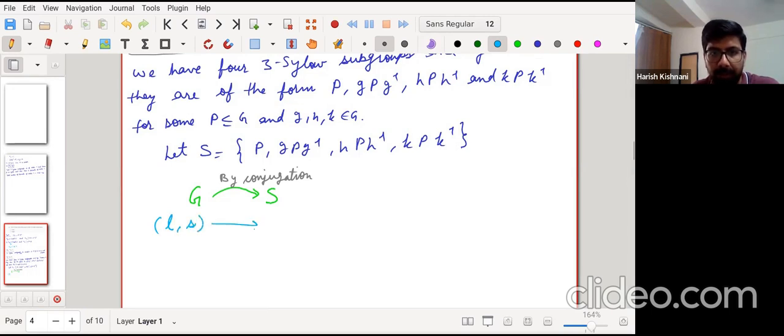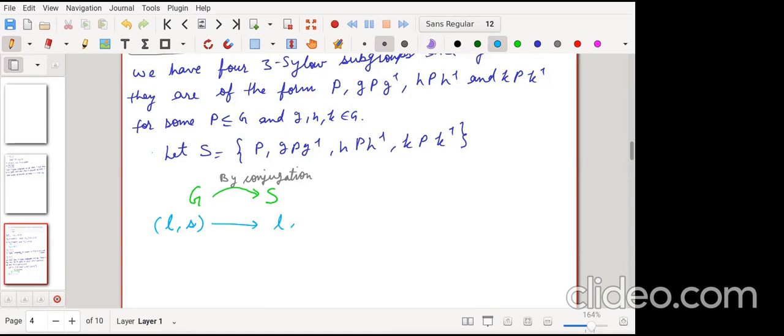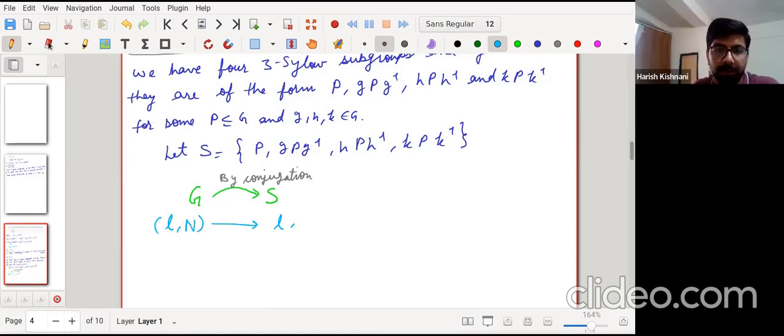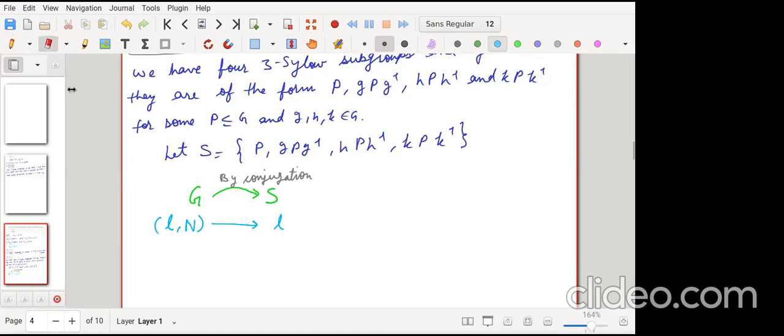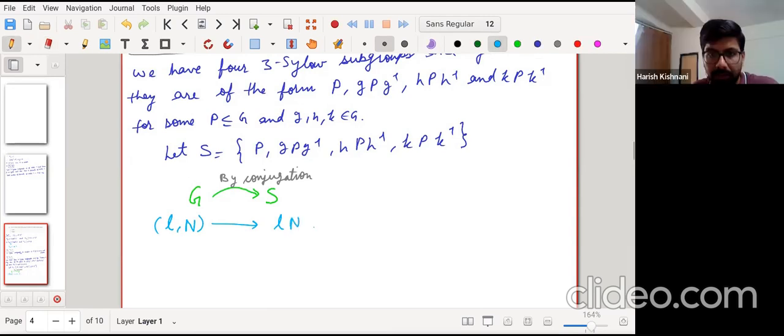It's mapped to l s l inverse. We should use something capital S to denote the group or subgroup.